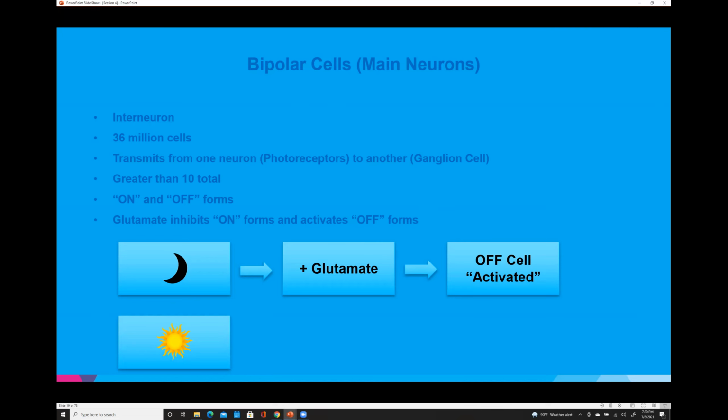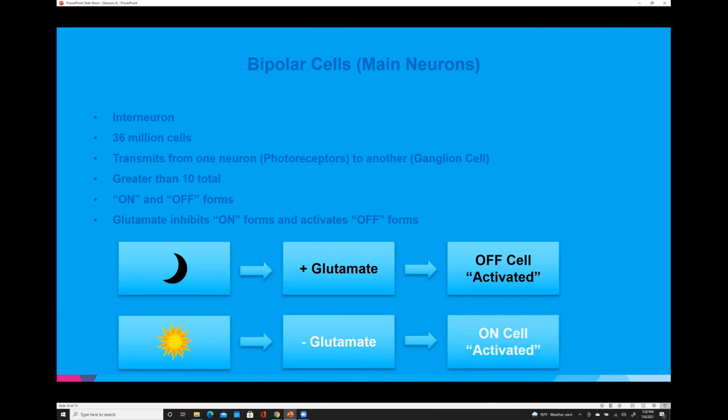Glutamate gets inhibited. There is no glutamate secretion, which means that the on cell is active in that scenario. We don't have to care how it gets activated. I'm just telling you that is what you see. So in these two scenarios, the bipolar off cell would be active in the first case, and the bipolar on cell would be active in the second case. Does this make sense, kind of? Yes. Okay, you don't have to care about what bipolar on and off means.